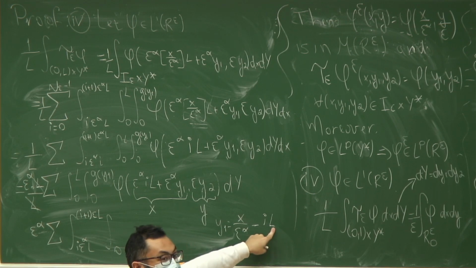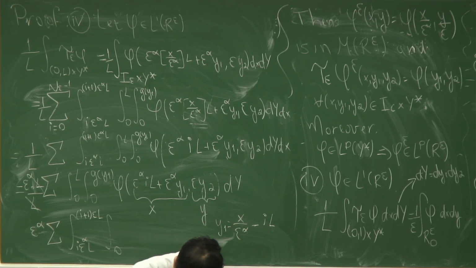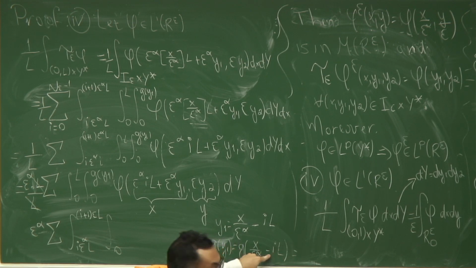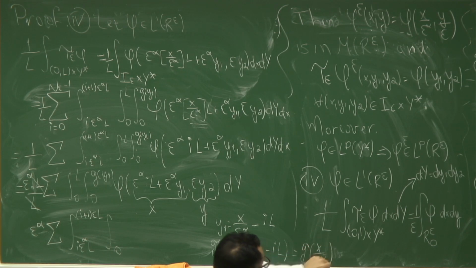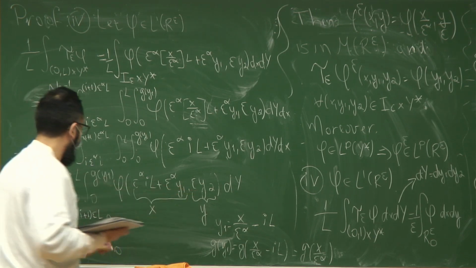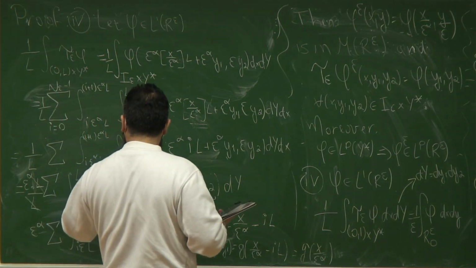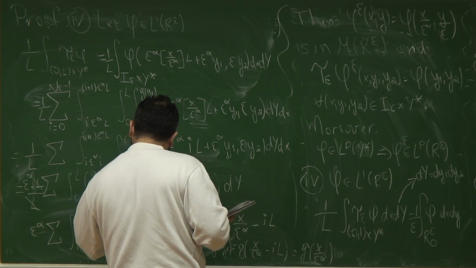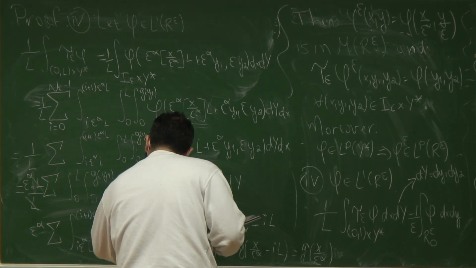G is L periodic. So the G of y1 will be the G of this, which is, since this is the period, by I, okay? So basically, and of course this rescaling will make an epsilon multiplying the G appear here. By the phi.